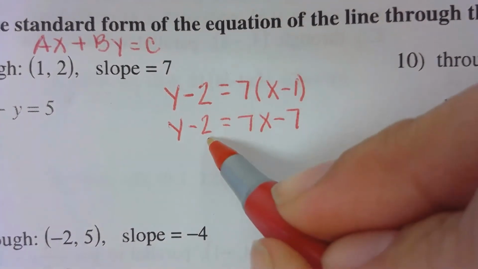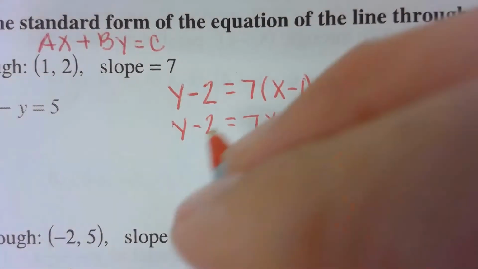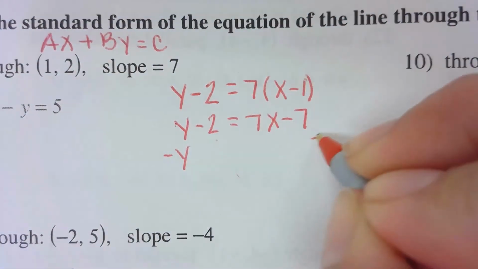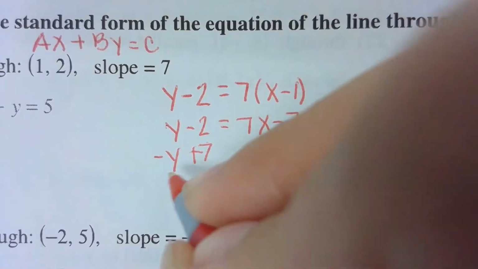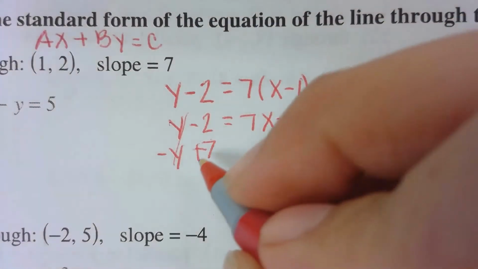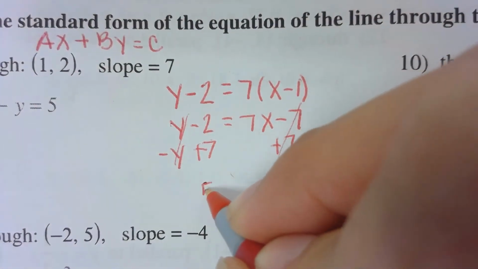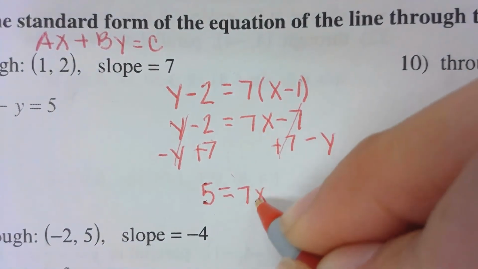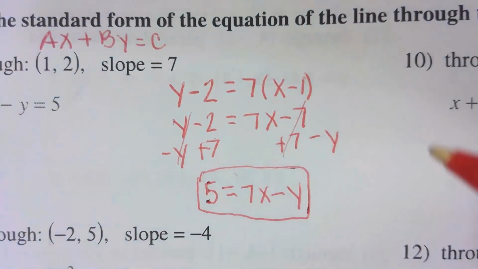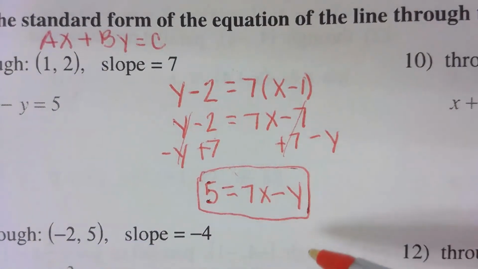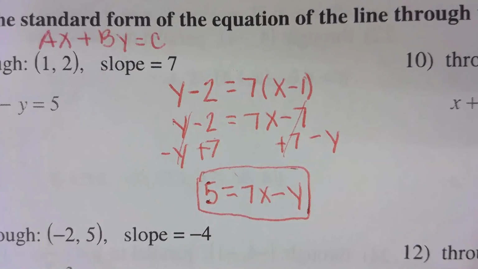Add the numbers to the left and the y to the right. And you have 7x minus y equal to 5.